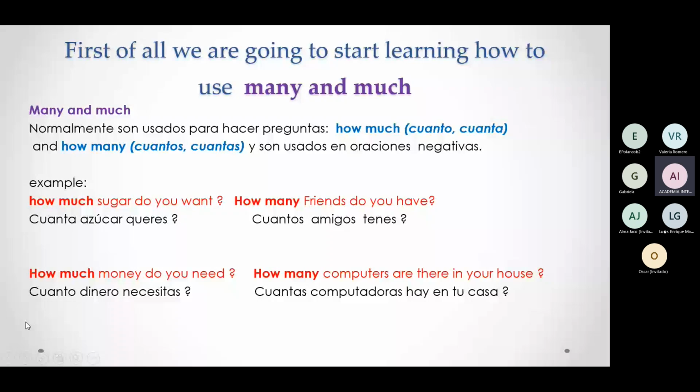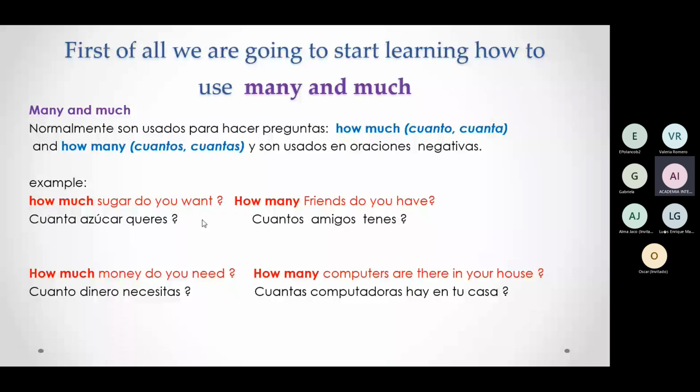Sí. Muy bien. Ahora, aquí hemos visto preguntas. Si se fijan, todas estas 4 son preguntas. These 4 sentences are questions, okay? How much sugar do you want? That is a question. How many friends do you have? That is a question as well. How much money do you need? Another question.